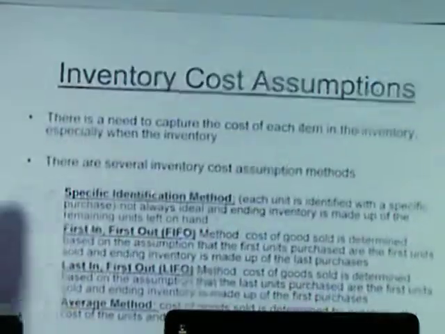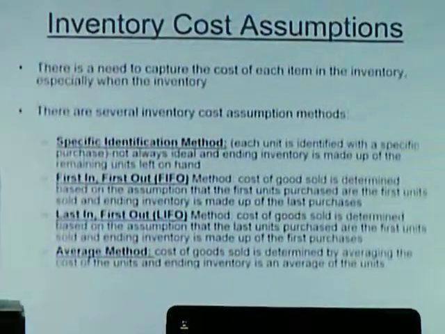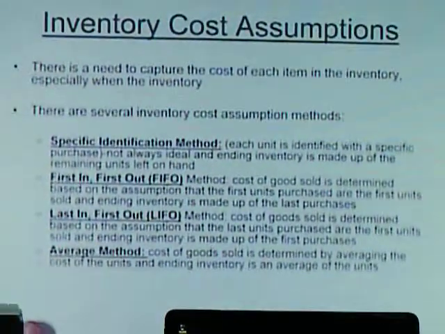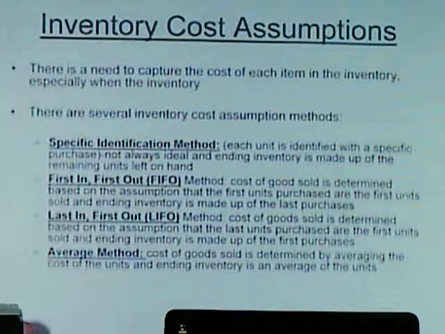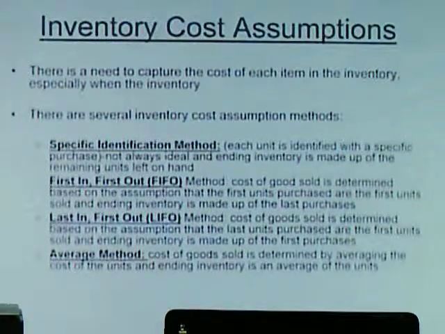Now, what we're specifically going to talk about in this chapter are what we consider to be inventory cost assumptions. Now remember, this is just an assumption, okay? There's a need to capture the cost of each item in the inventory, especially the inventory that is in the system. There are several inventory cost assumption methods that we're going to talk about.